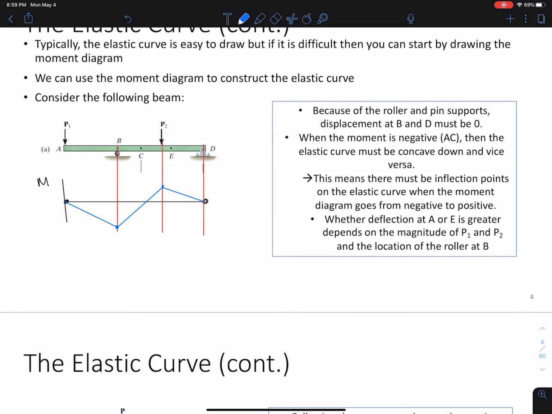And a couple of things that we can note here. We can note that this whole area is negative, and that this whole area is positive, right? So what we know about the elastic curve here, which is this deflected shape, we know, let me continue drawing these lines here.